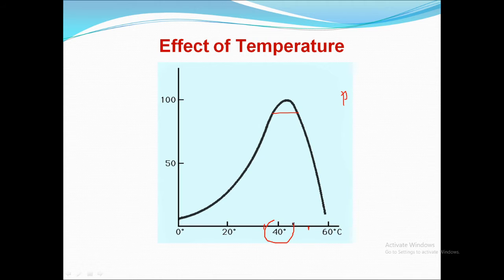Most of the enzymes are active in and around 40 degrees Celsius. So the optimum temperature range of the highest enzymatic activity is from 25 degrees Celsius to 45 degrees Celsius.